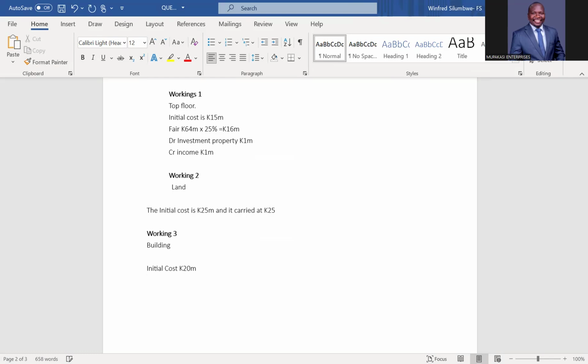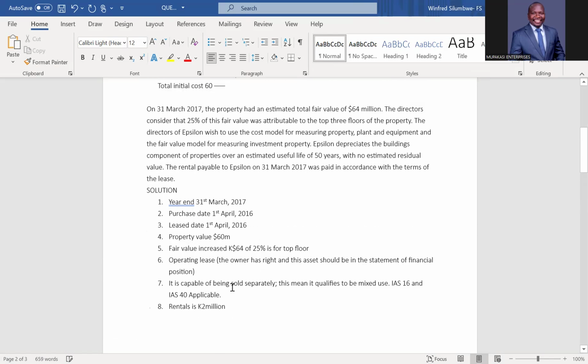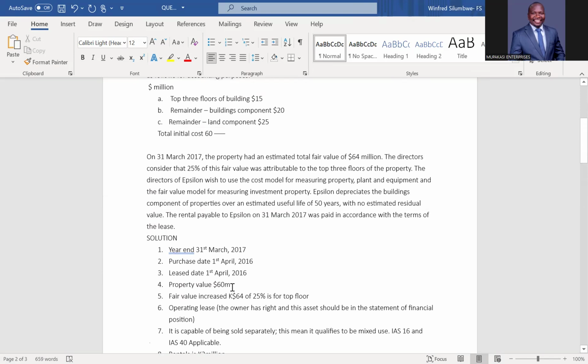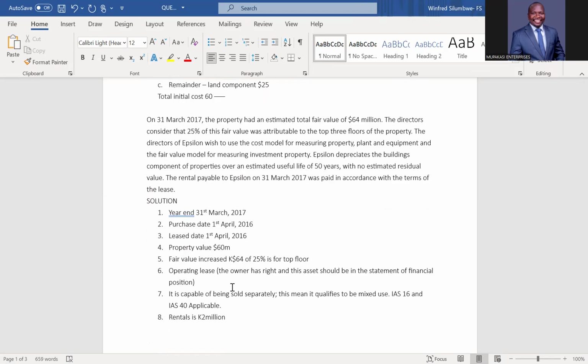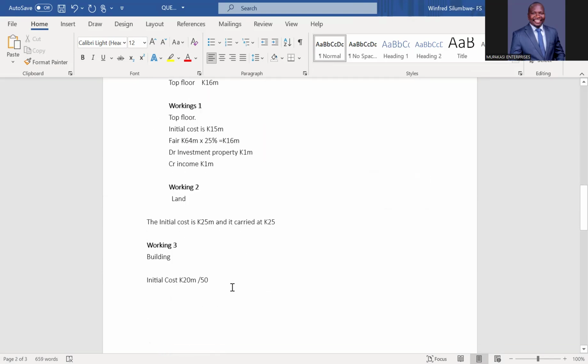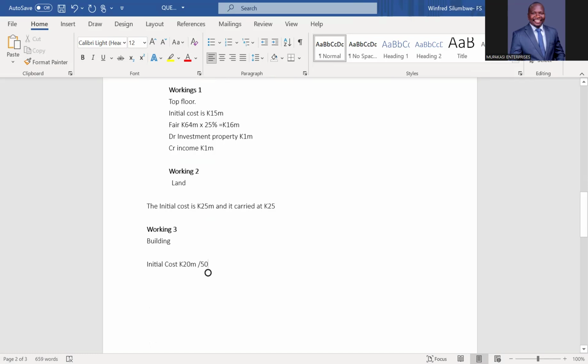It will be 20 million divided by 50 years, because they are saying they are using what? They depreciate the building component of property over an asset useful life of 50 years. And there's no residual value. So this one will be depreciated, and that will give us a depreciation of 400,000.